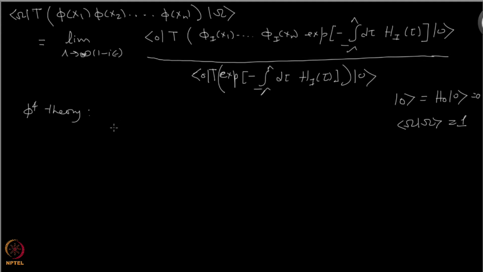We have d tau, and then d cube x, or what am I writing? Let me write z instead of x, from minus infinity to infinity. So all the three space coordinates run from minus infinity to infinity, and the time coordinate runs from minus lambda to lambda, where lambda has a small imaginary part at infinity, okay.